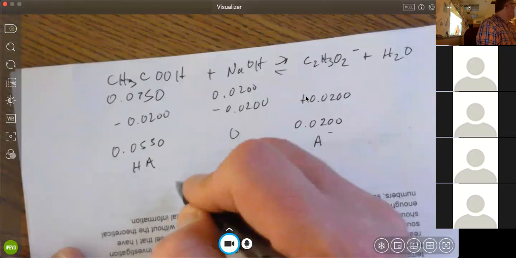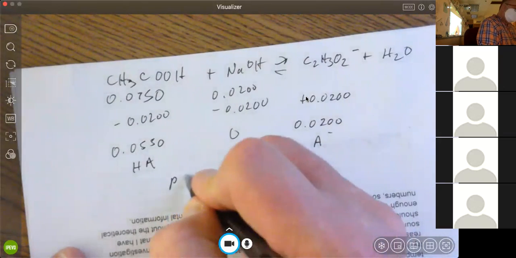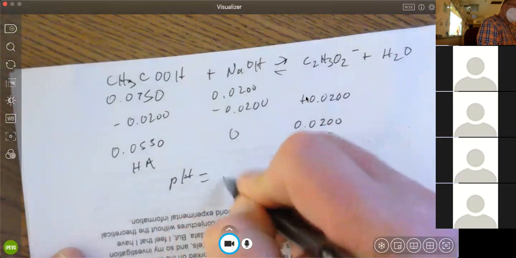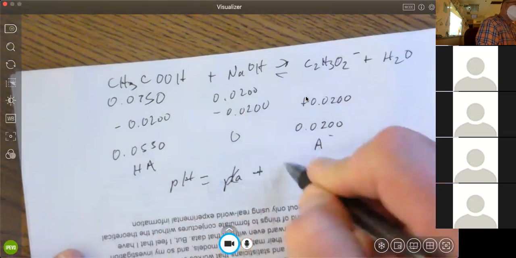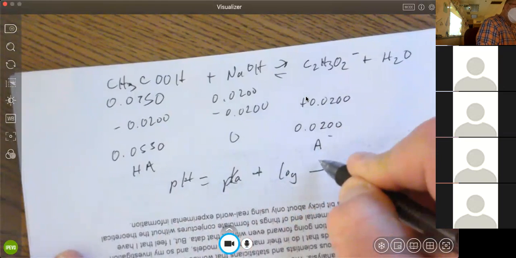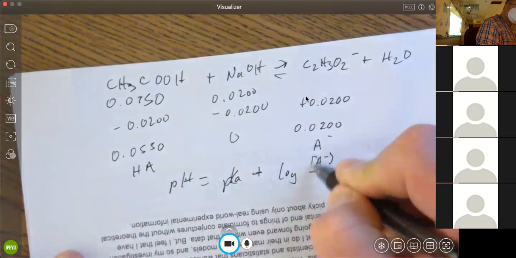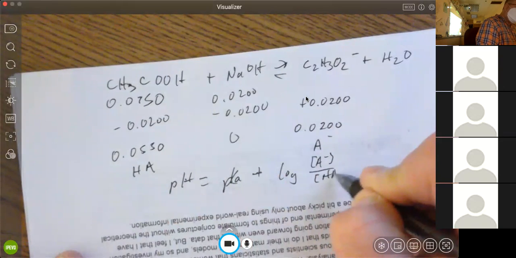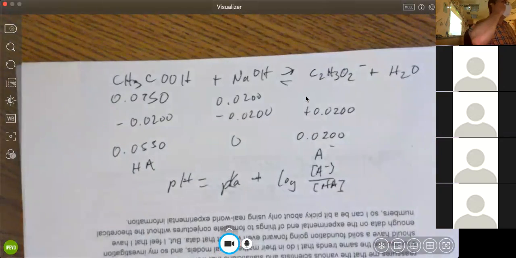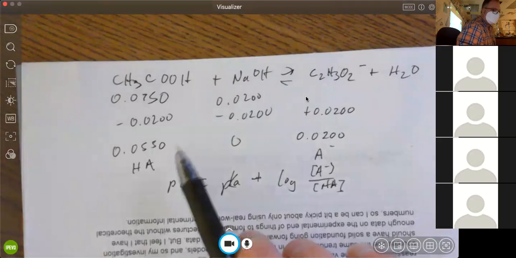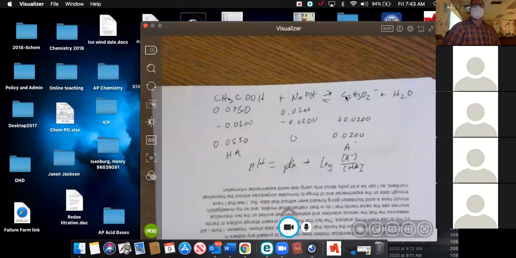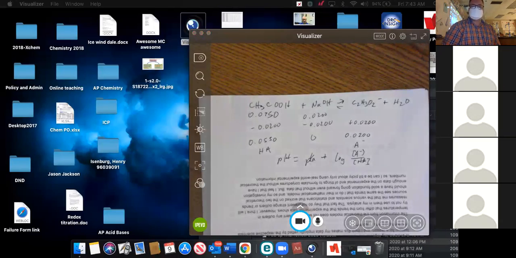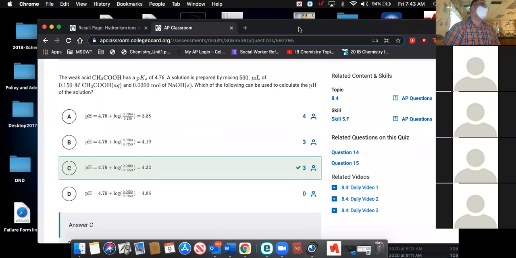Henderson-Hasselbalch is pKa plus log of A minus over HA. So that right there, then we just take this number, put it there, and this number, put it there. Can I do this? Hey, I can do that.